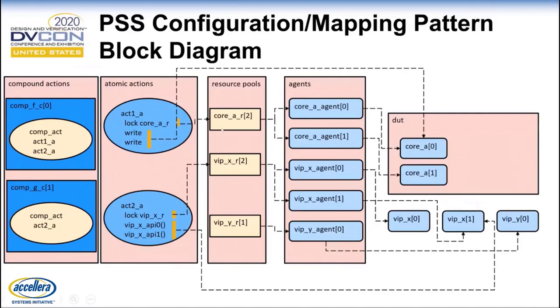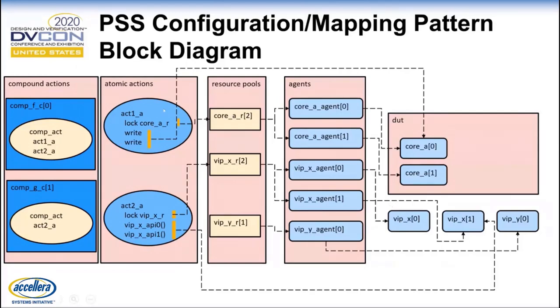But resources is a very natural way to think about mapping an atomic action that has an executable implementation, an exec block body that needs to run on the target platform. That atomic action needs an agent, needs a core, needs a VIP to run the actual implementation on the specific targeted execution agent VIP.